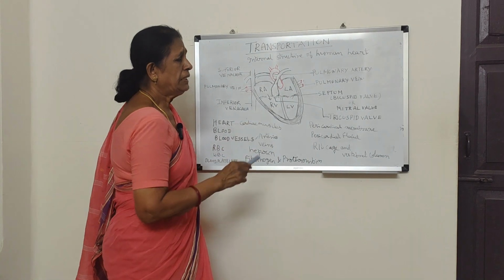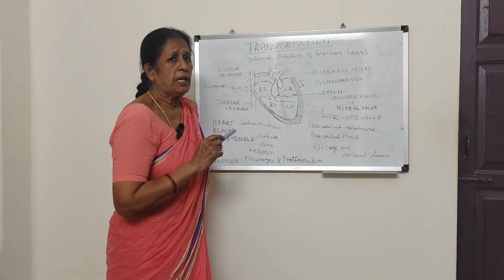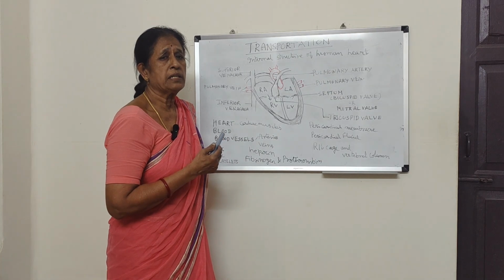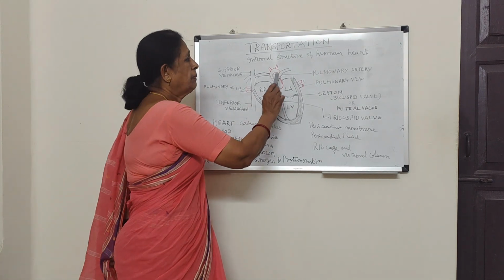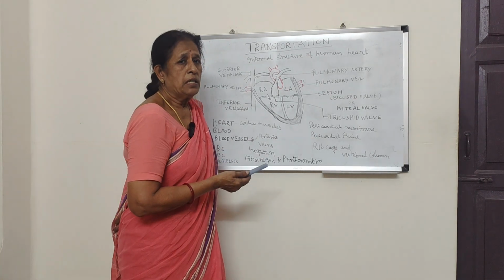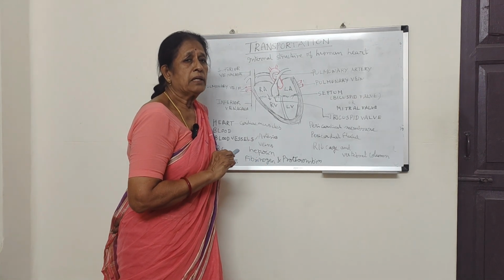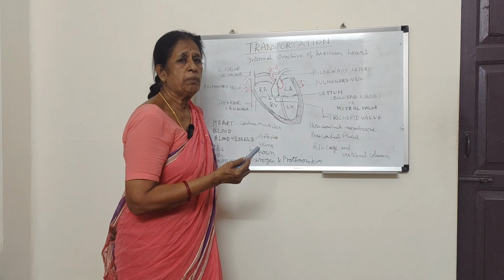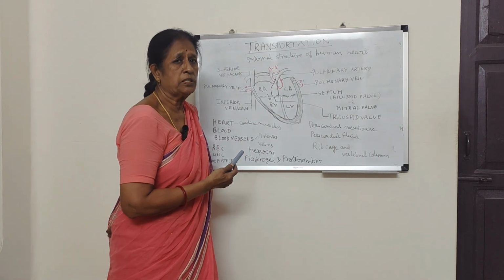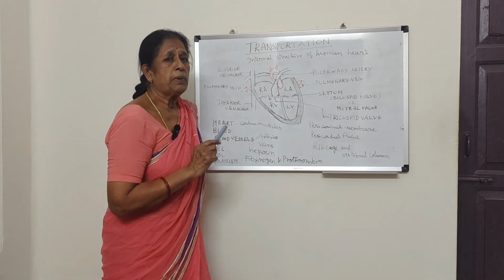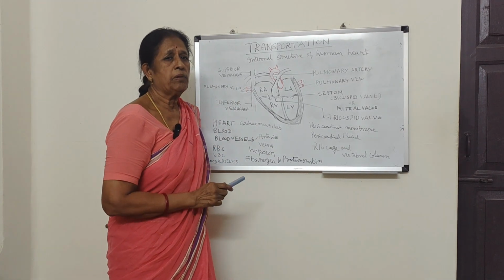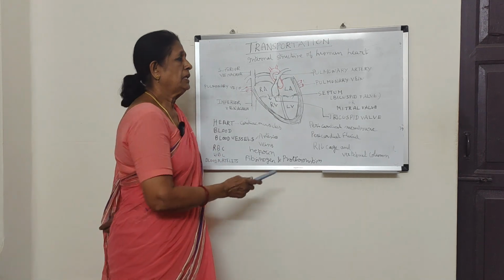In the lungs, the alveoli, which we have already seen in the respiratory system, are richly supplied with blood. The alveoli take carbon dioxide from the blood and give back oxygen to the blood. So now the blood got oxygenated in the alveoli.